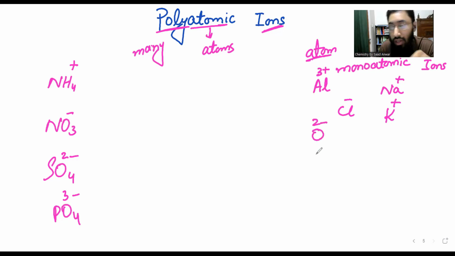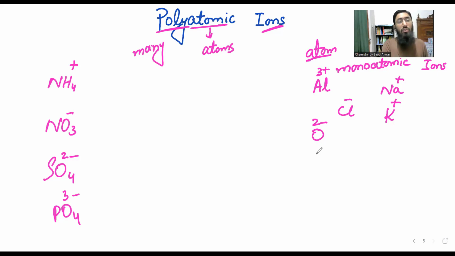But what about polyatomic ions? In polyatomic ions, atoms are combined together, and we cannot find them in the periodic table. This is something which we need to memorize.